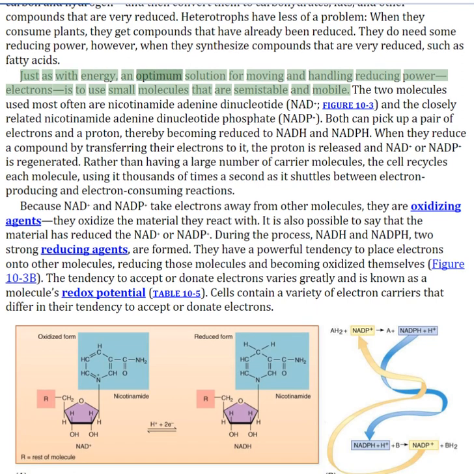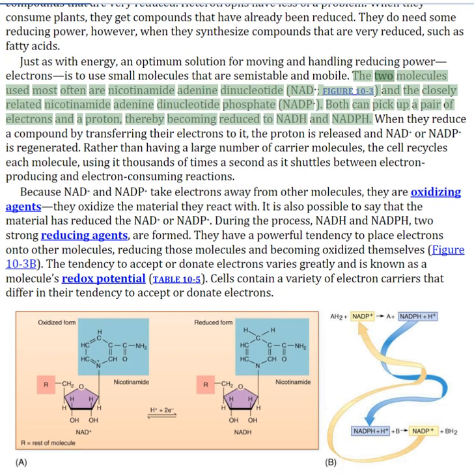Just as with energy, an optimum solution for moving and handling reducing power, electrons, is to use small molecules that are semi-stable and mobile. The two molecules used most often are nicotinamide adenine dinucleotide and the closely related nicotinamide adenine dinucleotide phosphate. Both can pick up a pair of electrons and a proton, thereby becoming reduced to NADH and NADPH.